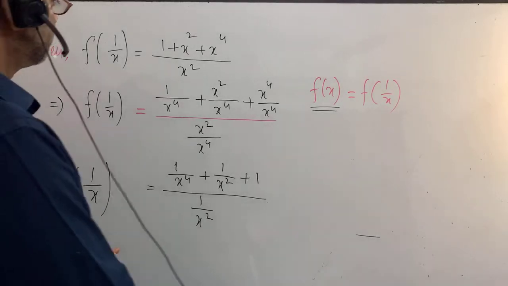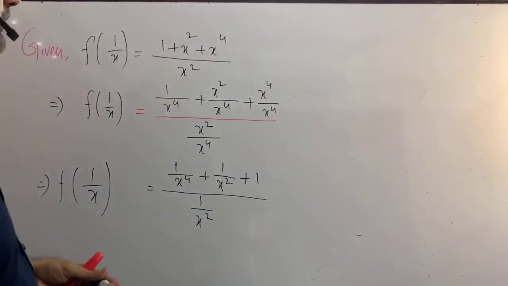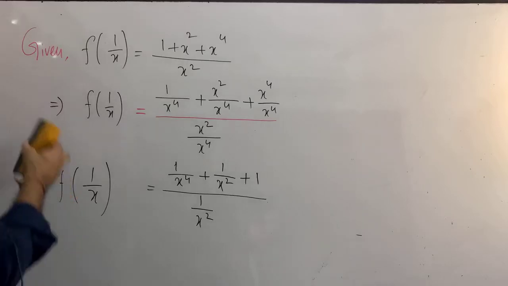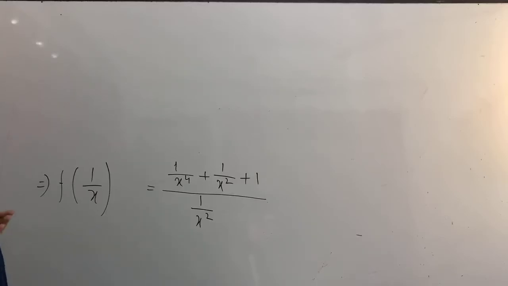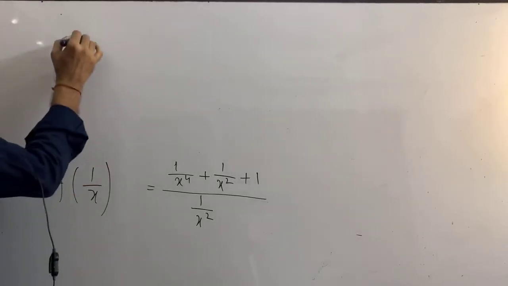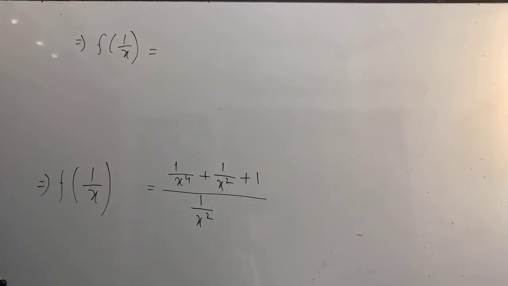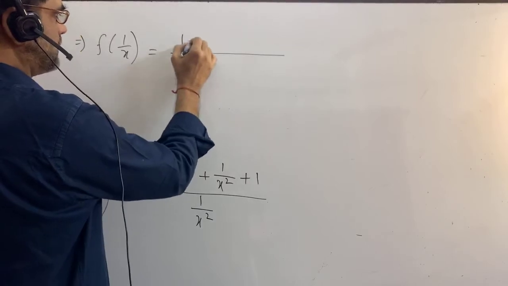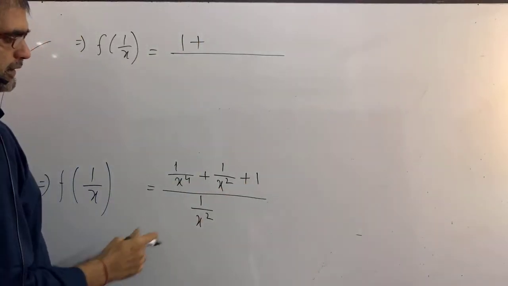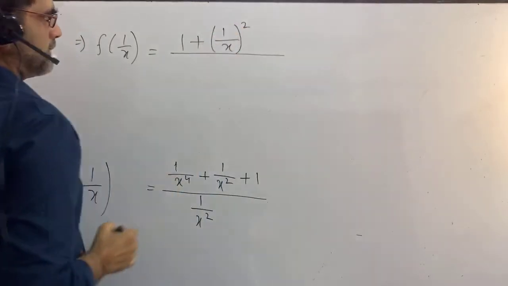Now you see, we can write it at the top. After that you write down f of 1 by x is equal to, we can rearrange it in this way: 1 plus, this is 1 by x square, that is 1 by x whole square, right?